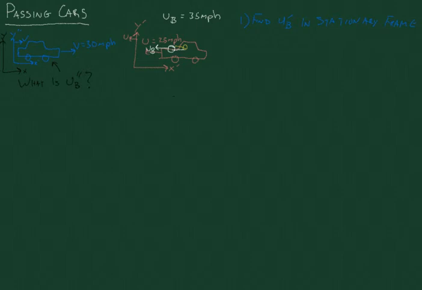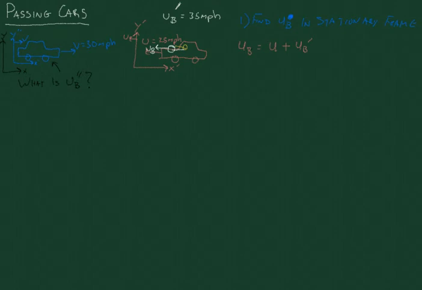Actually, I'll change this then. So this isn't UB prime, this is just UB. This would be UB prime because this is UB in terms of A. So then we can say that UB is going to equal u plus UB prime, right?